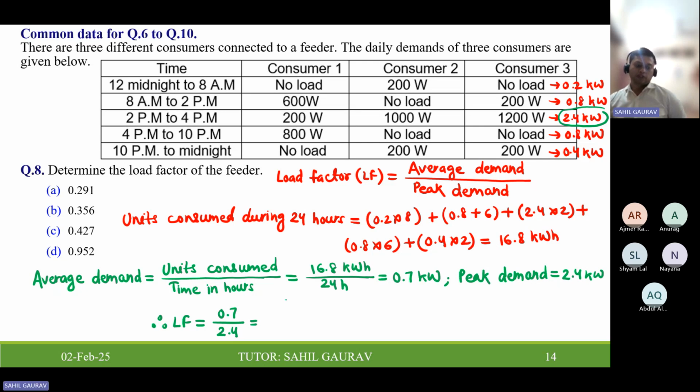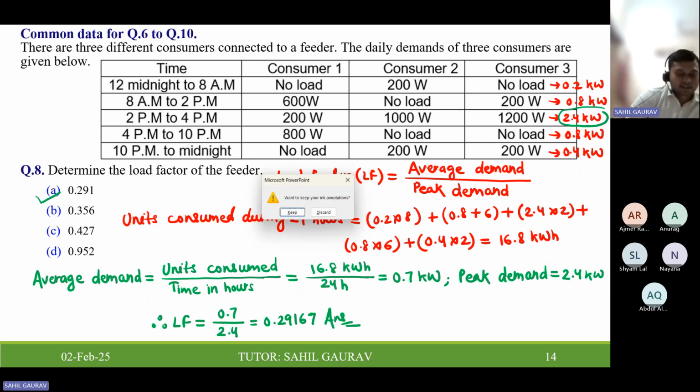So we'll get 0.29167. So here is the correct answer, 0.291.